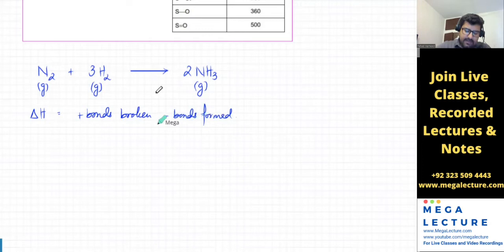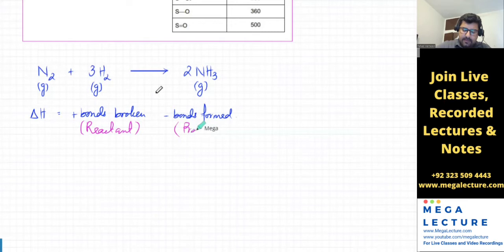One other way of writing this is that bonds that are broken are usually in the reactants. So you break the reactant bonds, all of them, and bonds that are formed are in the products. So you form all the bonds that are present in the products, right?